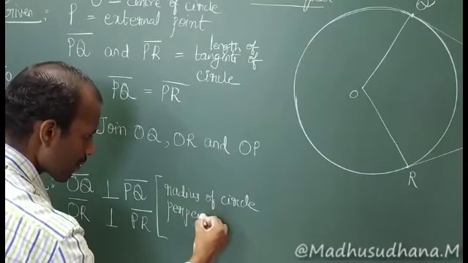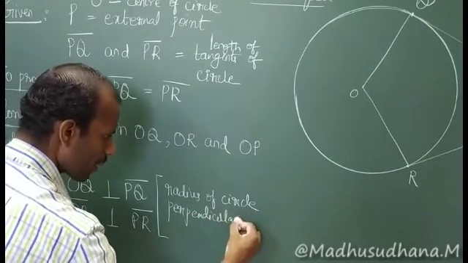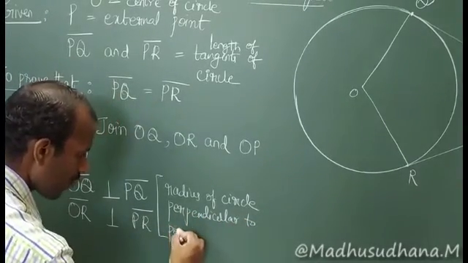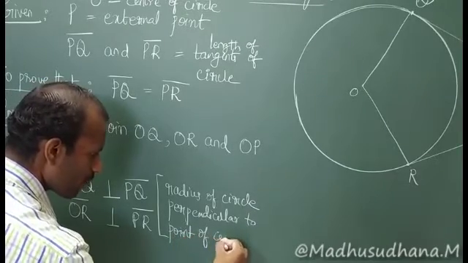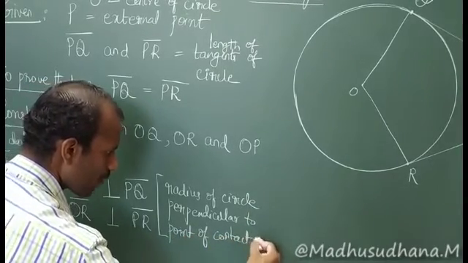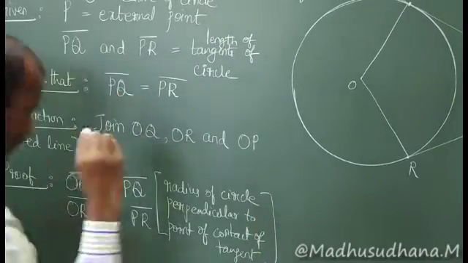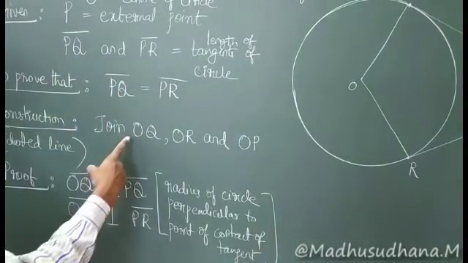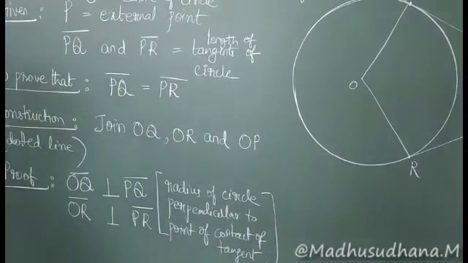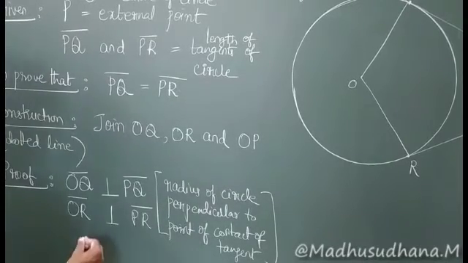What is the reason for this? The radius of the circle is perpendicular to the tangent at the point of contact.